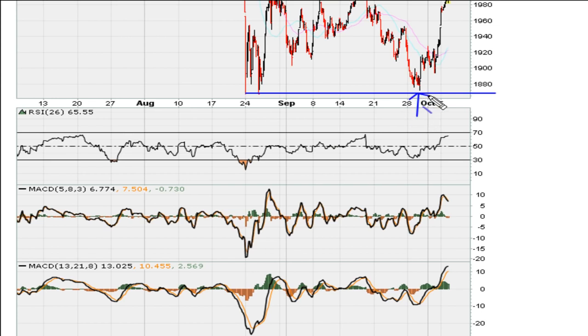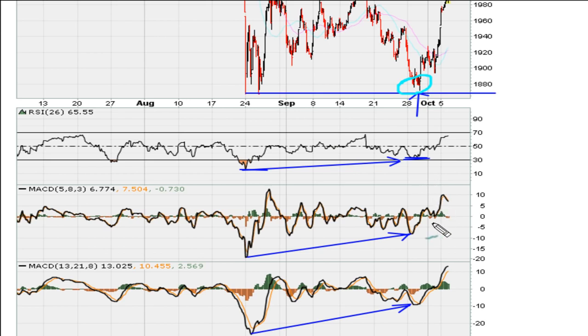The market held. While that was taking place, with the retest in the price, you can see the RSI during the same period made a higher high. So that's improving RSI strength. MACDs also made a higher high during the same period, and we see that the other MACD did the same thing. So the strength and the momentum was flipping a little bit to the upside while markets were making this test in price.